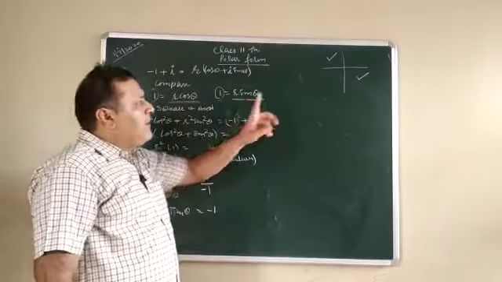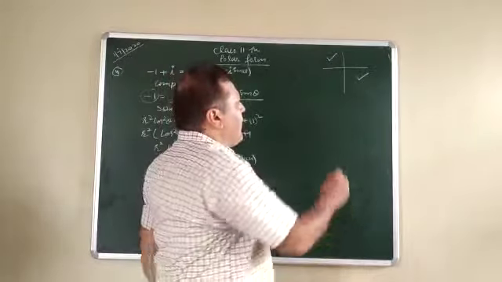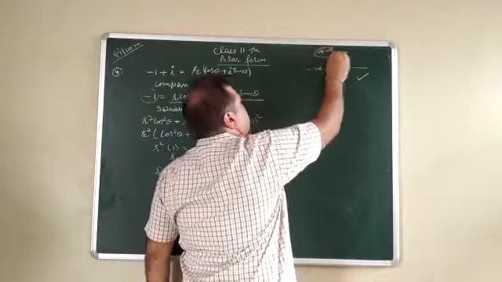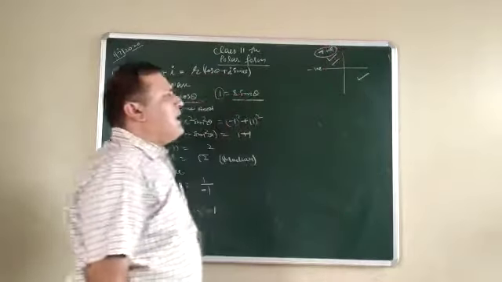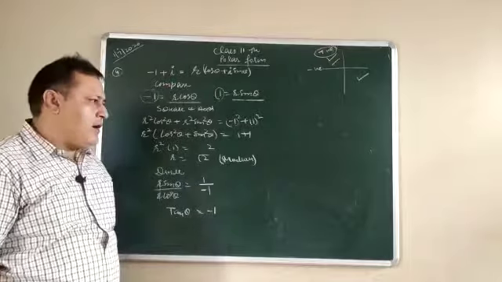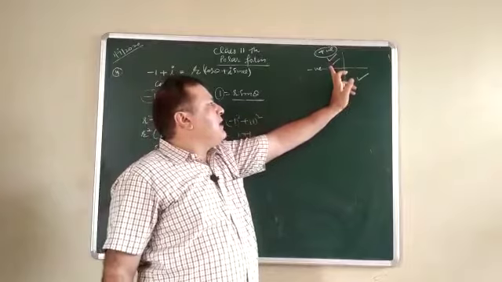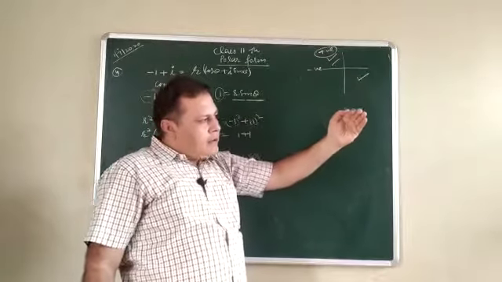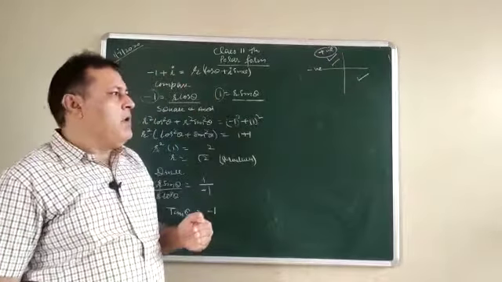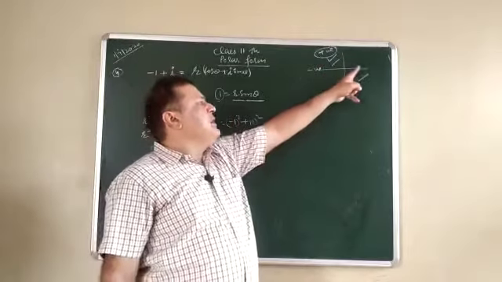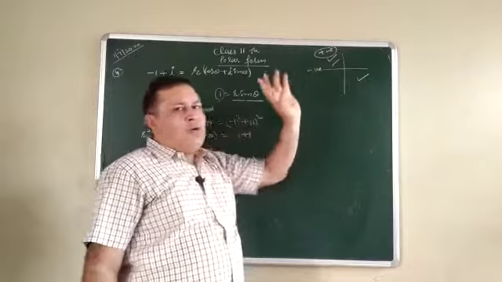And you know very well, in the second quadrant x is negative and y is positive. It means our theta lies in the second quadrant, and the second quadrant means the value is greater than 0 but less than 180, and that value will be acceptable because it is the rule of the polar form. Your angle should lie between 0 and 180.